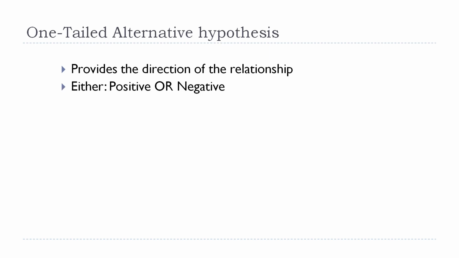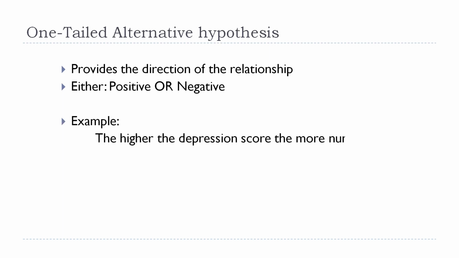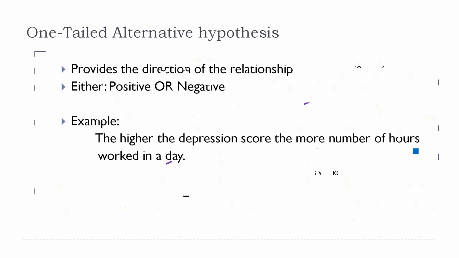Okay, so the hypothesis will be stated in a way to show whether we think it's a positive or a negative relationship. Let me give you an example. The higher the depression score, the more number of hours worked in a day. So this statement is saying that there's a positive relationship between depression and number of hours worked in a day.